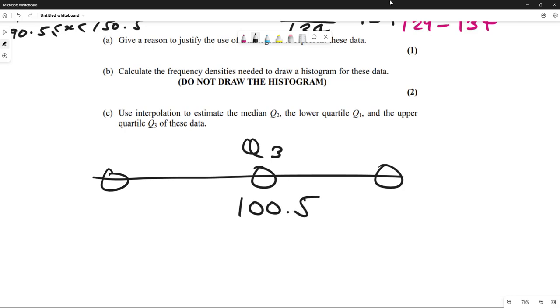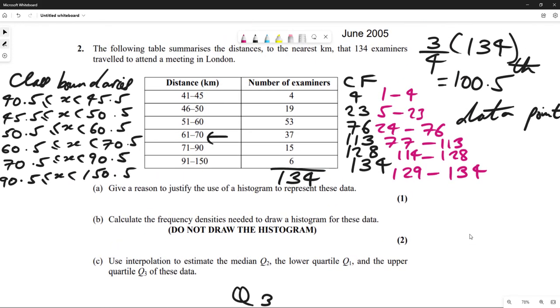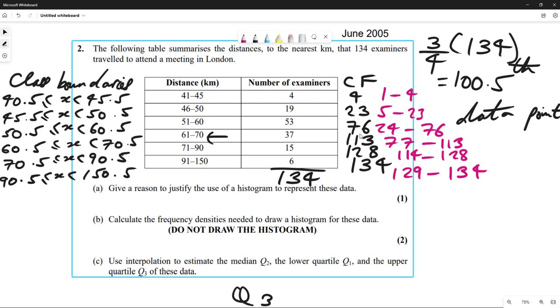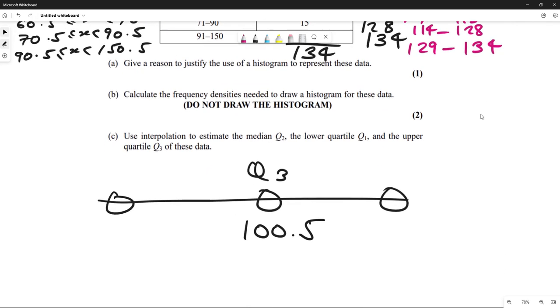So we're going to go back to our table now and say we want the sum of all values up to 60.5. And we can tell that that's going to be 76. So let's write that on our diagram.